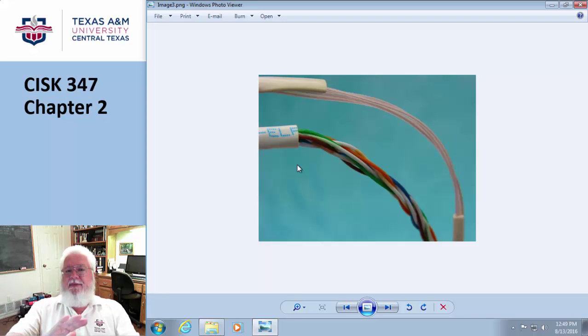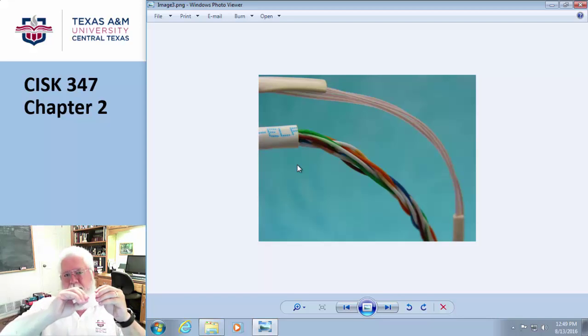In fact, there is no standard for the number of twists per foot in a cable. That doesn't exist. So each manufacturer is allowed basically to do their own thing. And I will tell you, again, I'm not trying to get into the physics of it all, but in typical high quality category 5 and maybe a 5E cable, each one of the pairs in there has a different number of twists.